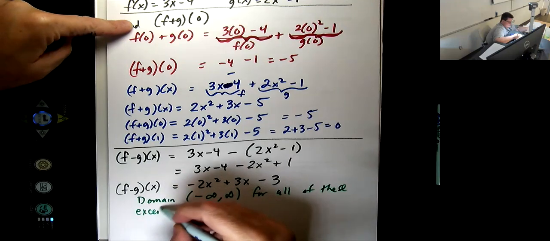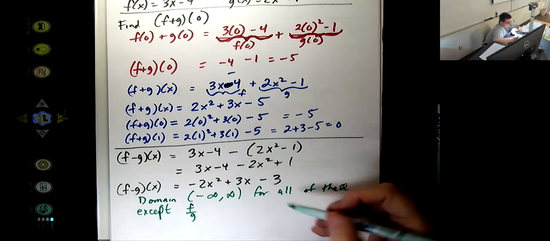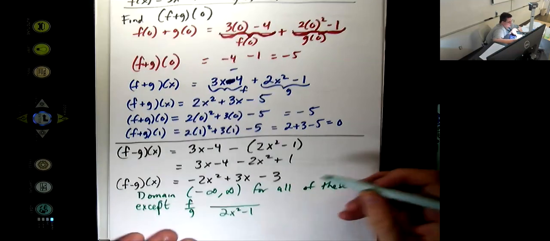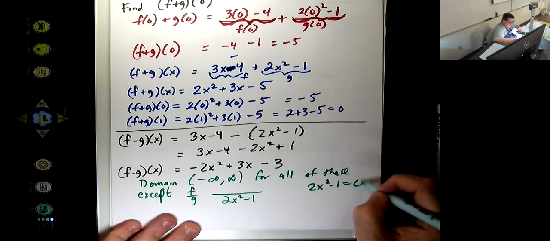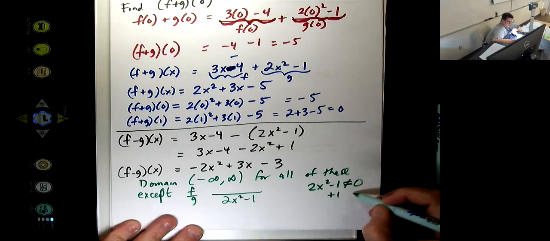Except f divided by g. We're going to have 2x squared minus 1 on the bottom. And we don't want 2x squared minus 1 to equal 0. So if you solve for that.